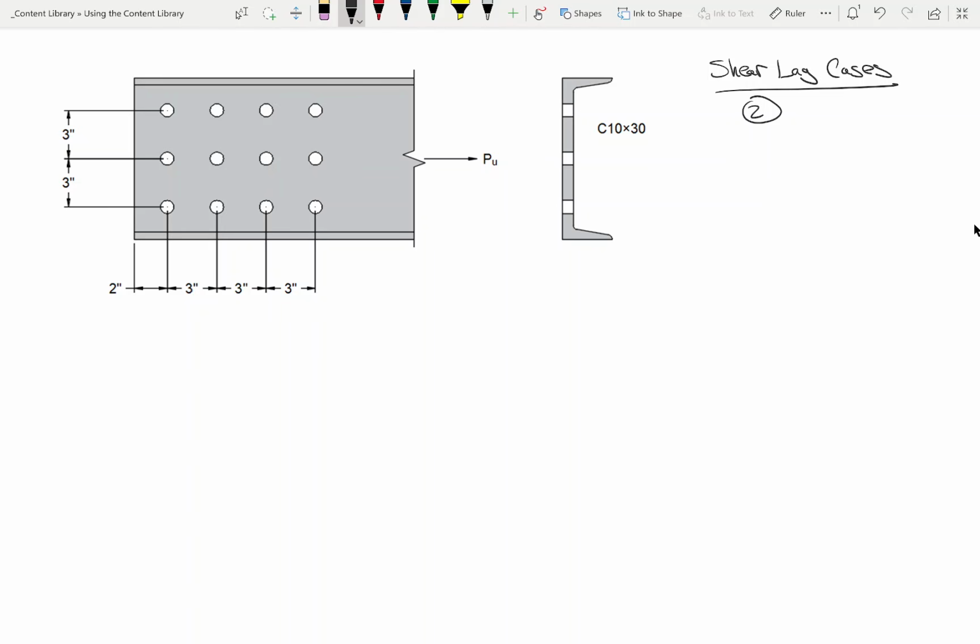So case 2 is the only case we're going to have to deal with, right? Okay? And in case 2, our shear lag, U in this case, is just going to be U2. I can do better than that. So this is going to be the expression that we need to assess.